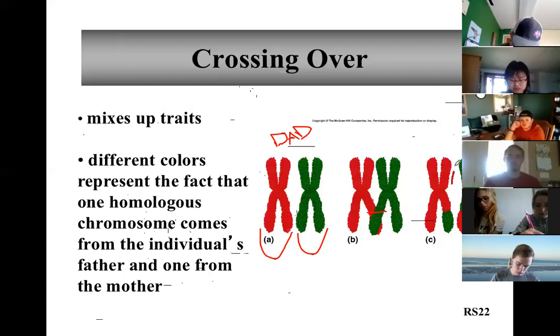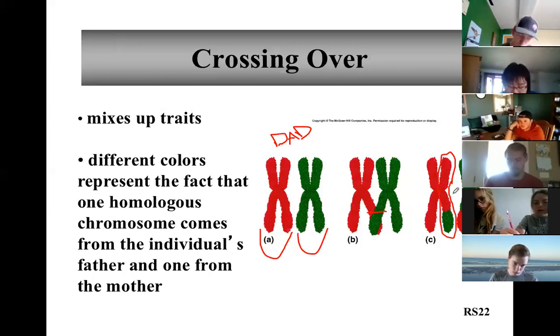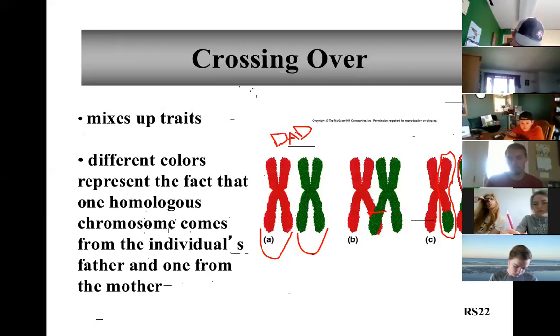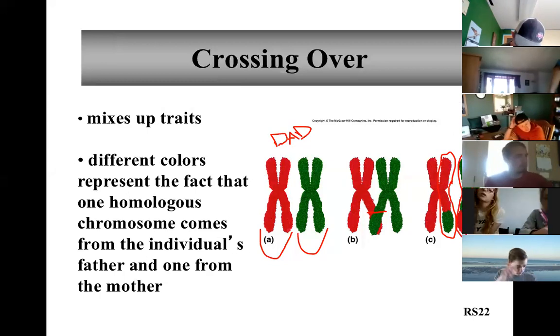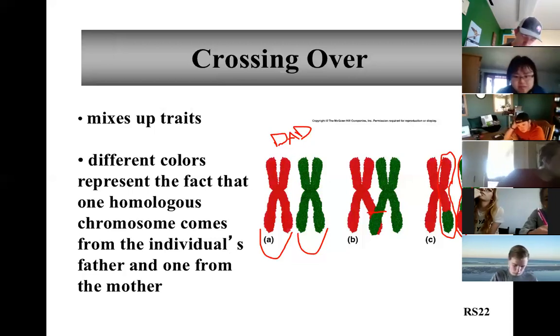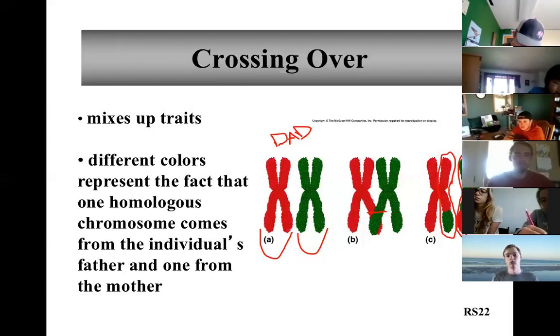So if you inherit this set, you're not inheriting grandma's chromosome 6. You are inheriting 70% of grandma's chromosome 6 and 30% of grandpa's chromosome 6. And if you inherit this chromosome, you're getting 70% of grandpa's chromosome 6 and 30% of grandma's chromosome 6. And the even more mind-boggling part is that the same chromosome could potentially cross over multiple times in different locations. So it's like, what the heck?